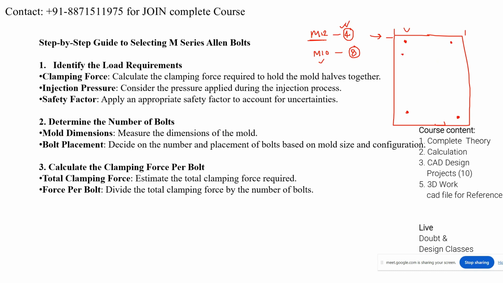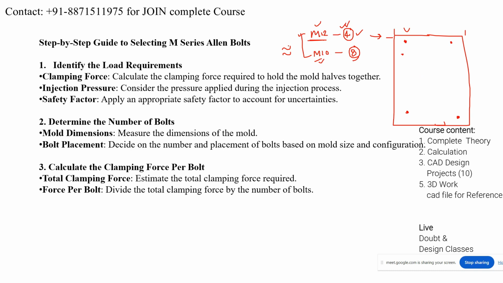So you can say that 4 bolts of M12 or 8 bolts of M10 have the same effect. The bolt diameter will be more than 12 mm, but you can take it that it has a similar effect, and there will be no issue in the mold or the operation, right? Understood or not? Yes, sir. Understood.